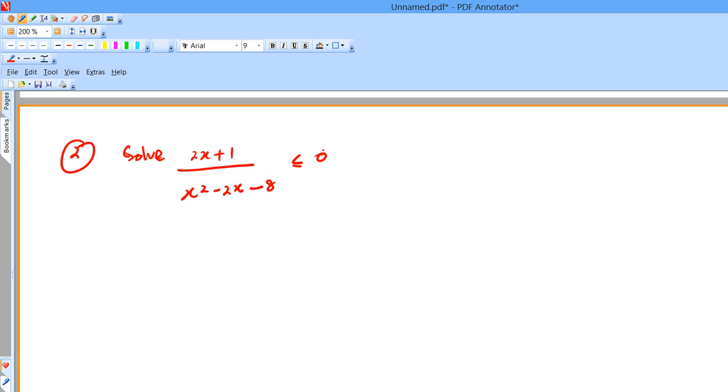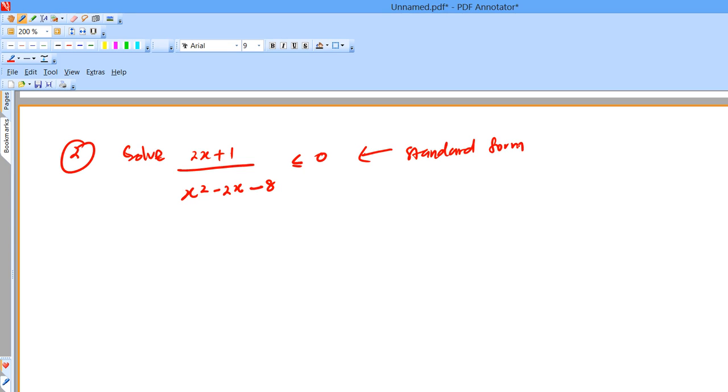So based on this rational expression, this is actually already in standard form. So what we can do here, we just need to proceed with critical values.